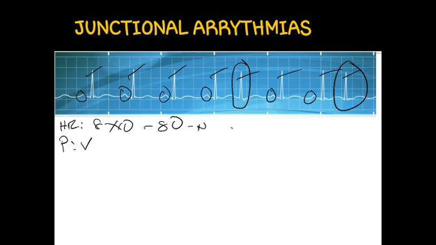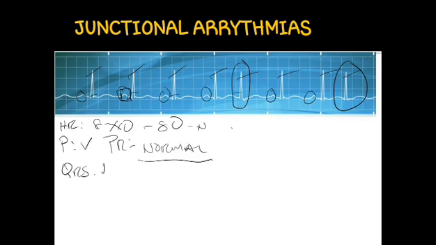Okay, so let's check the PR interval. The PR interval on the rhythms that have P waves is normal since it is within one big box. So the PR interval is normal only for those rhythms that have a P wave. Okay, now let's check the QRS complex. The QRS complexes are not widened, so they are normal.